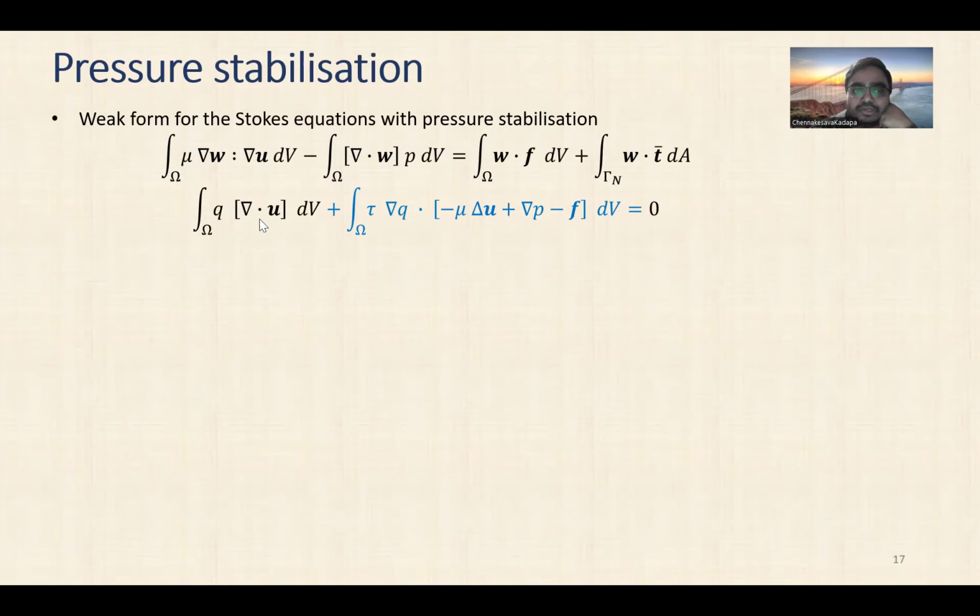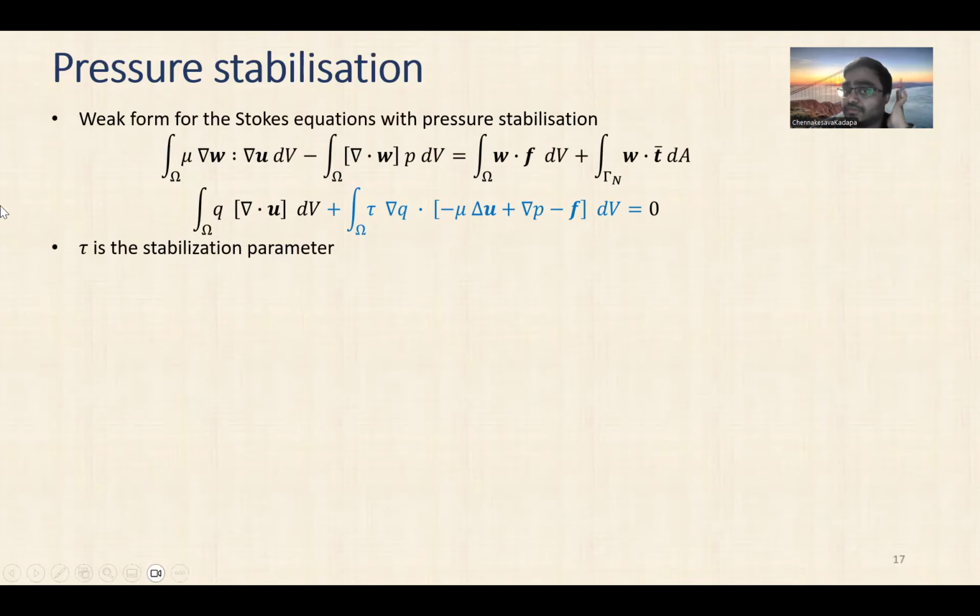So to the second equation, the weak form, we add an extra term. Here tau is our stabilization parameter, and this term is very similar to the SUPG term that we have added, right?